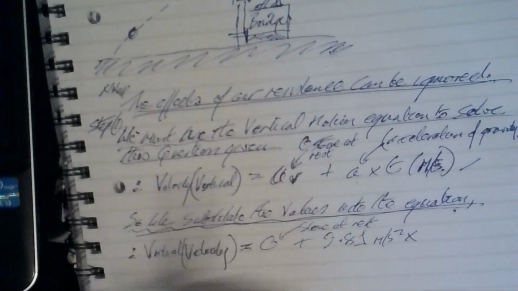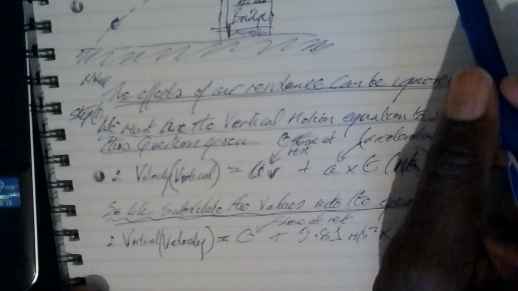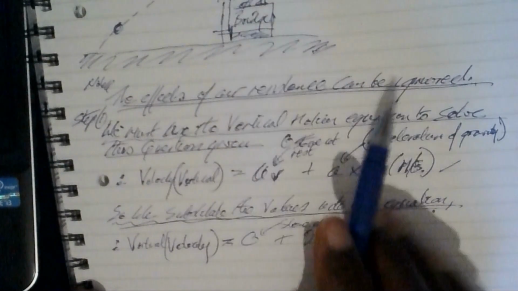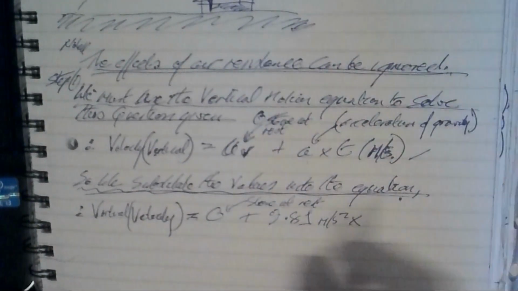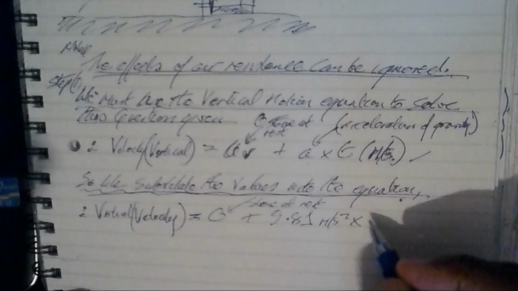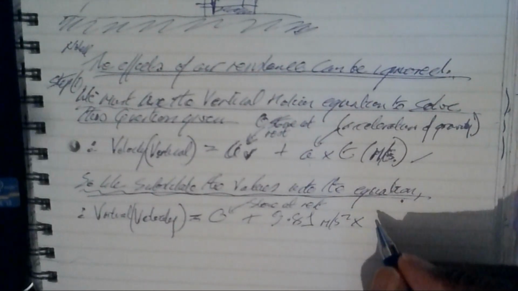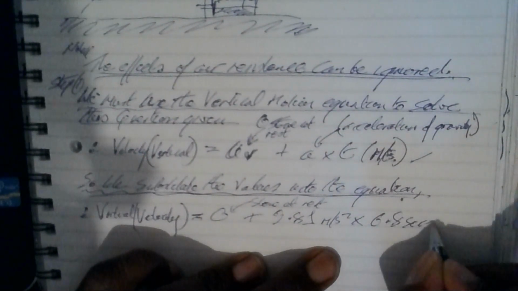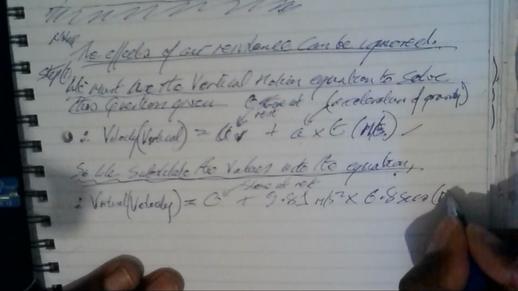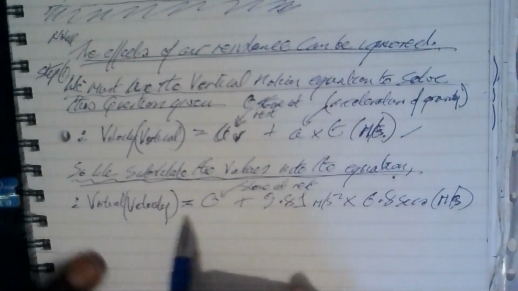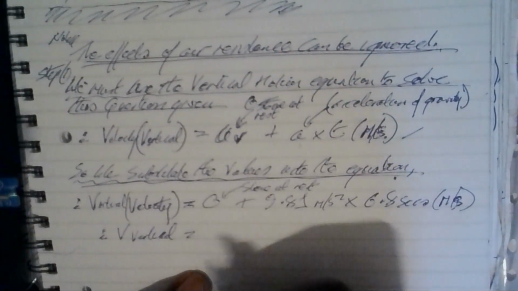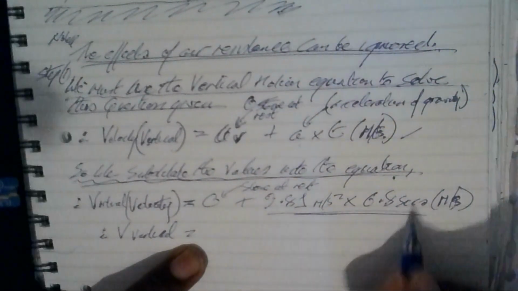Units are always meters per second for velocity. Therefore, the vertical velocity equals 9.81 times 0.8.